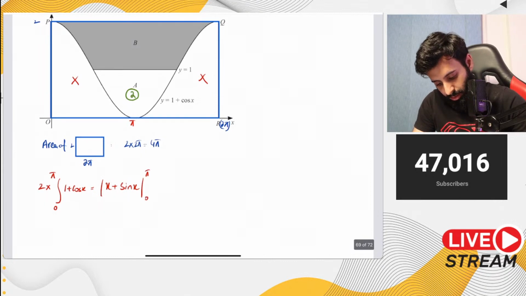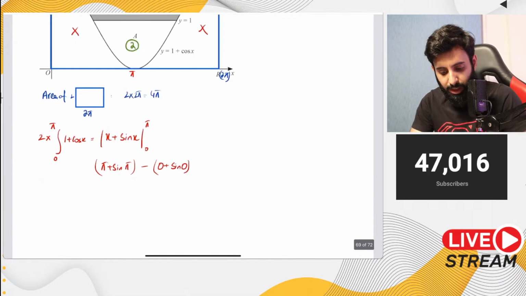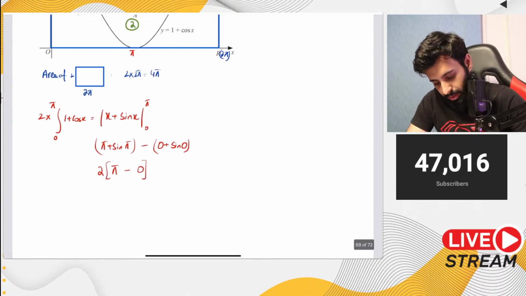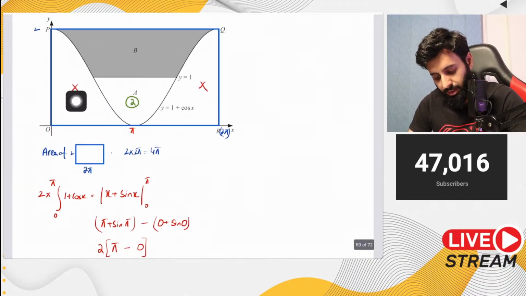So pi plus sine pi with the upper limit plugged in, minus the lower limit plugged in, which is 0 plus sine 0. Pi plus sine pi is equal to pi. So pi minus 0, and we multiply this by 2 as well. So this is equal to 2 pi. Basically this region is pi and this region is pi.